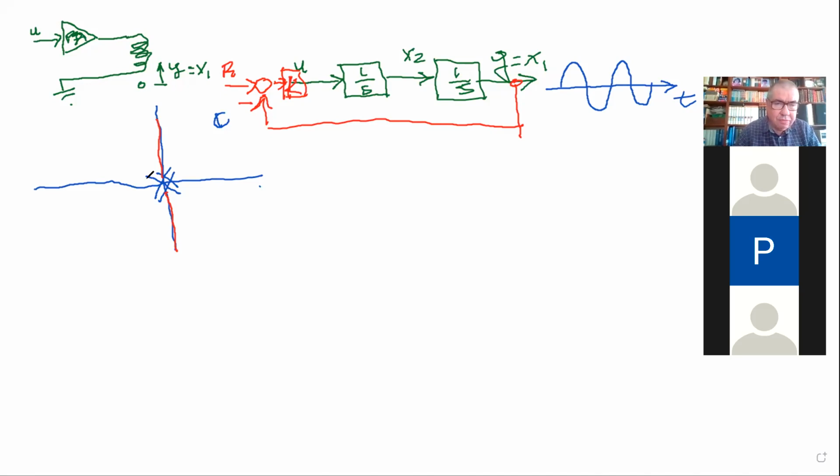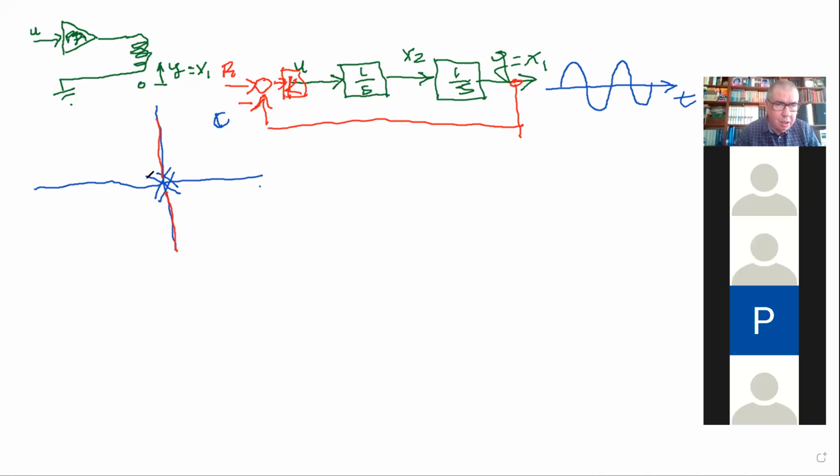Now, solutions for this, what can you do? Add something inside of the feedback loop. Instead of being just a constant one, multiplying the signal at the exit, we put some variable depending on S on the feedback loop. So instead of doing a proportional feedback, I place here something.